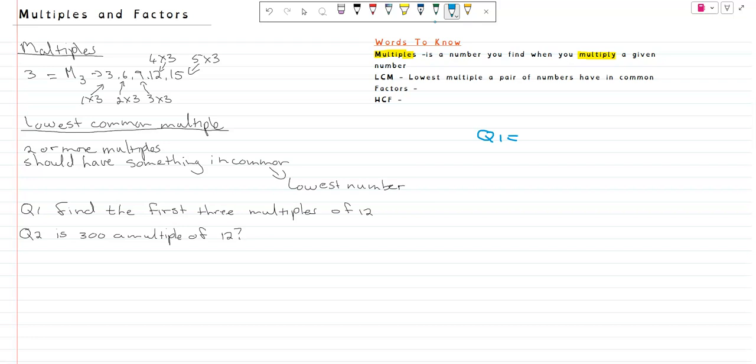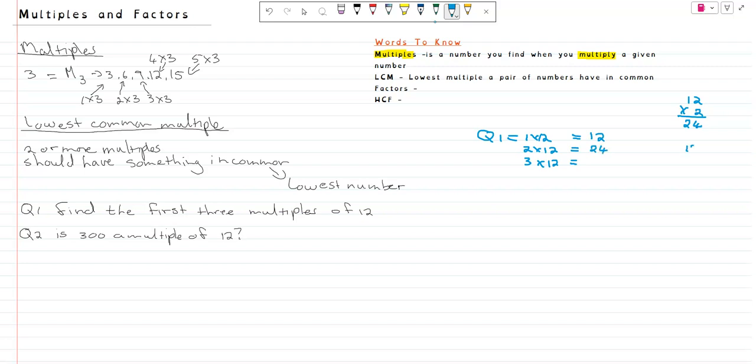So that would be easy. What you need to work out is 1 times 12, 2 times 12, and 3 times 12. Once you have these answers, then you have your first 3 multiples of 12. 1 times 12 is 12. 2 times 12: 2 times 2 is 4, 2 times 1 is 2, so 2 times 12 is 24.